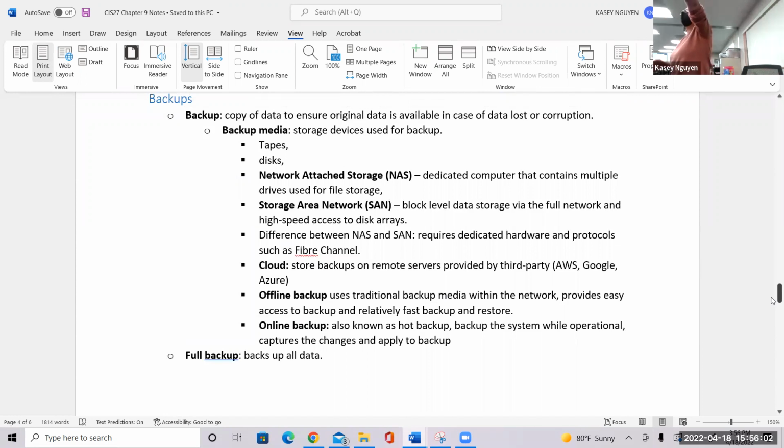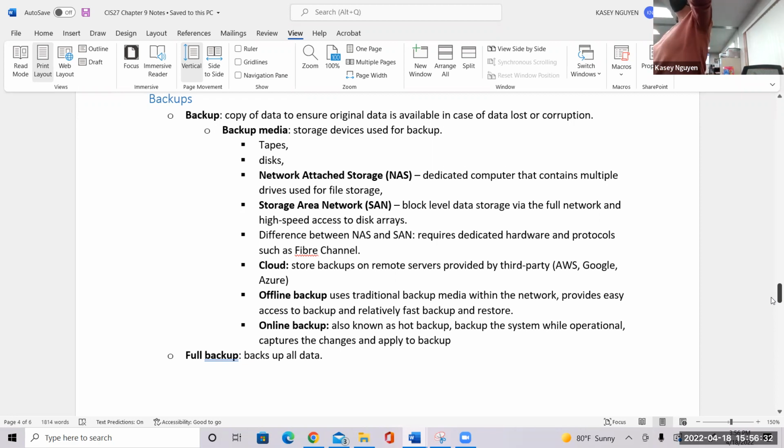Now, most companies would use network attached storage, also cloud now, right? You can back up to another server on the cloud. SAN is more expensive and harder to set up. You have to use a different protocol called Fibre Channel, and it's a pain to set up compared to network attached storage or your file server.